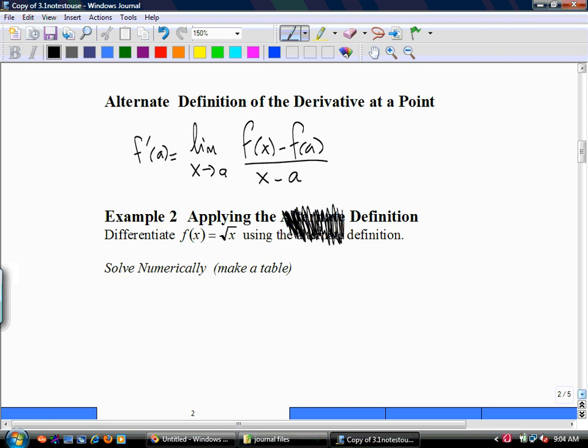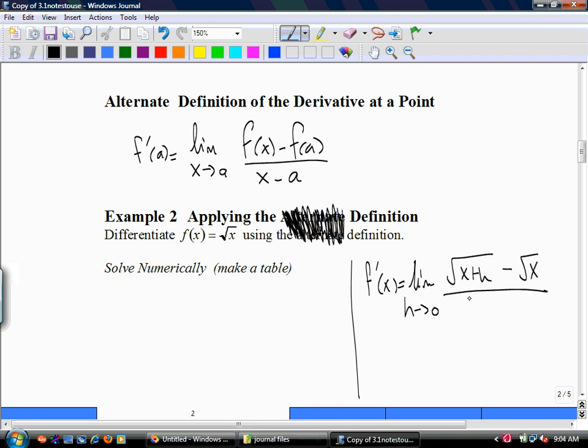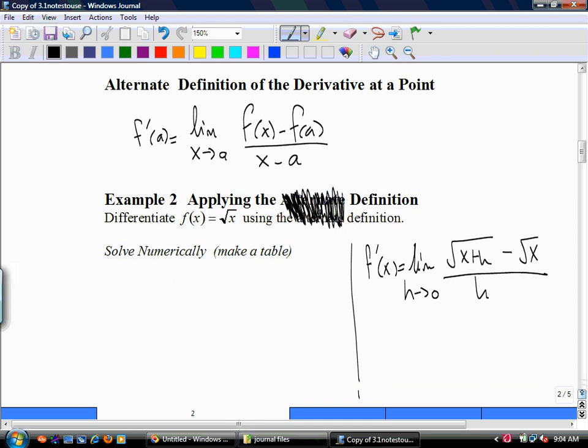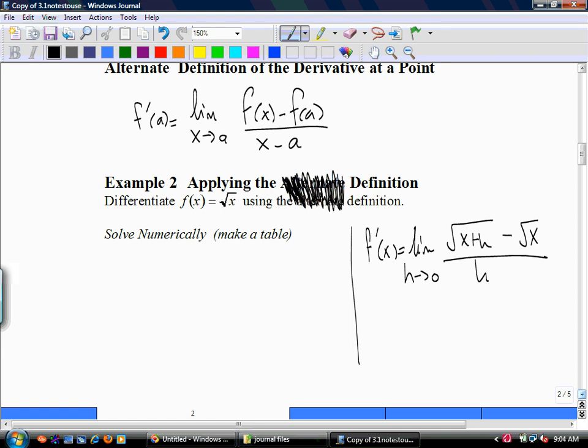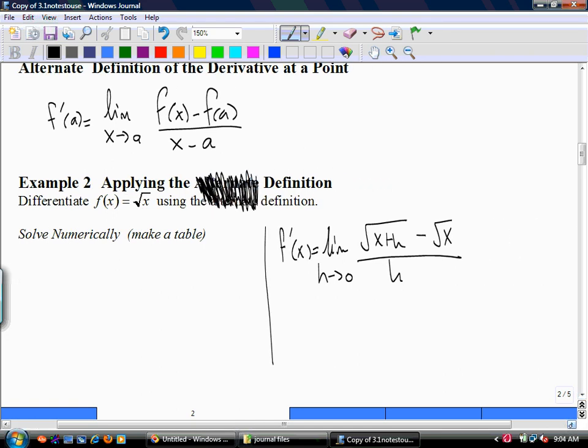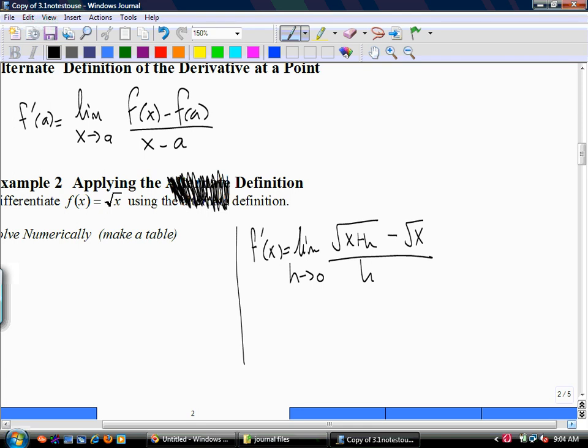So what I need to do is the limit, make a table, no. F prime of x equals the limit, h goes to 0, of root of x plus h minus root of x all over h. Mr. Epp, there's no way that I can ever cancel the x's or the h's here. So we need to do something.